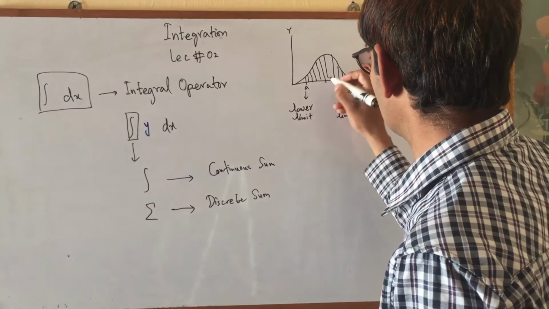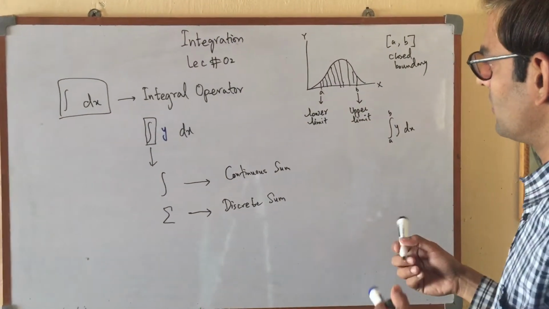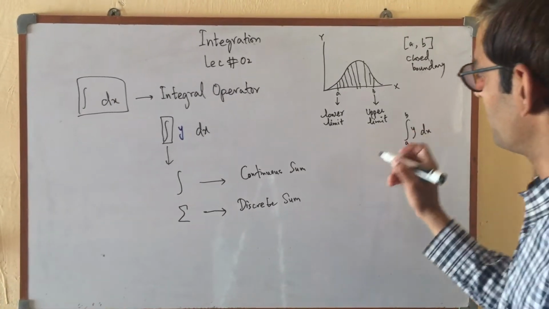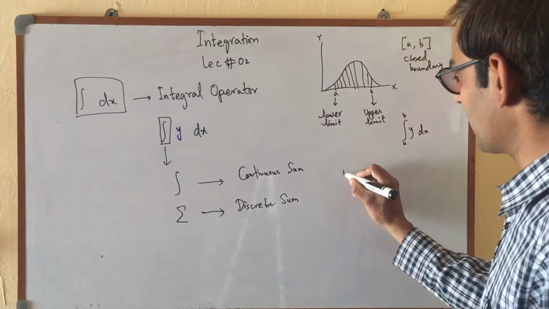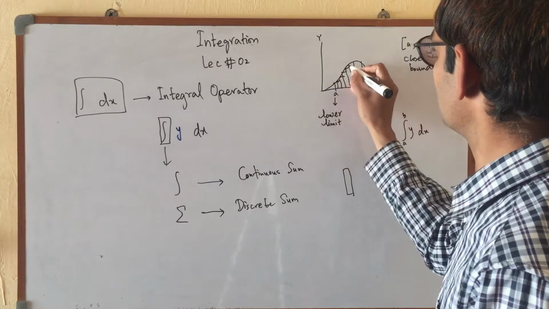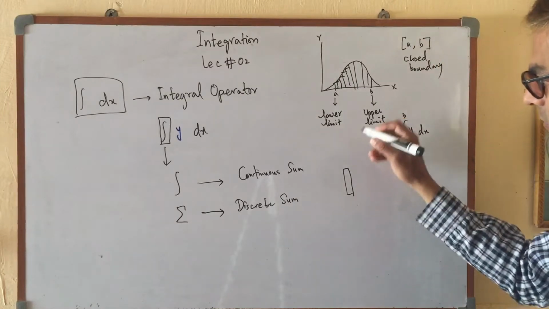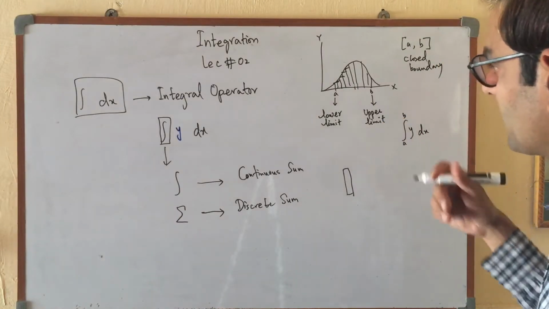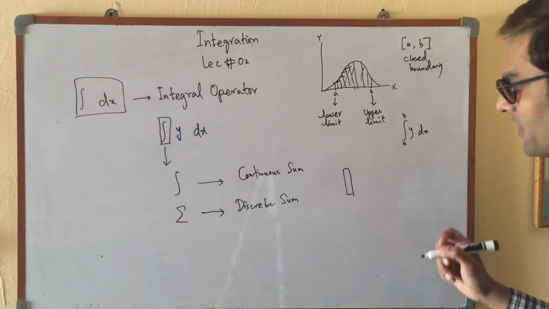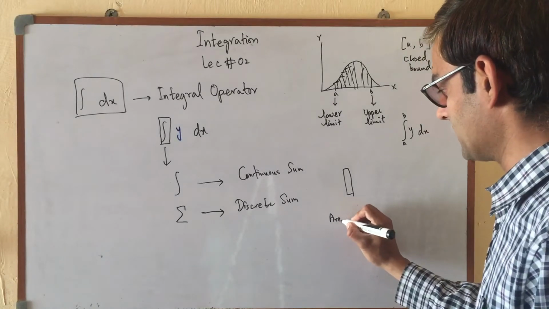I am going to calculate the area discretely and make different rectangles. You see here different rectangles, and then I sum up these rectangles to calculate the total area of this curve.